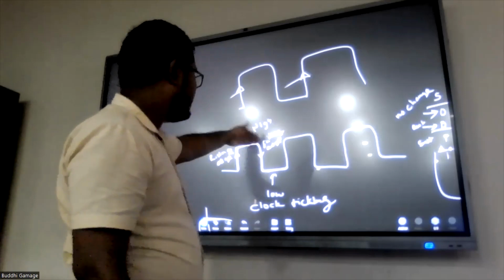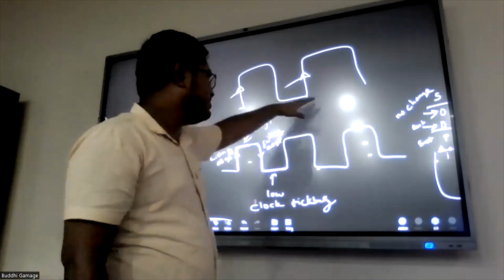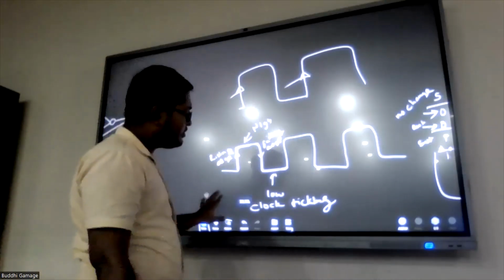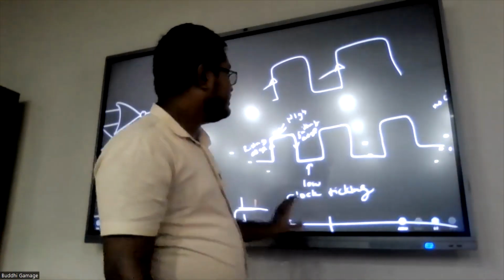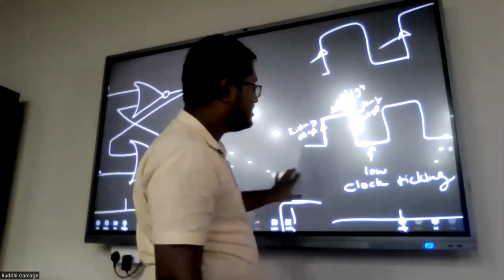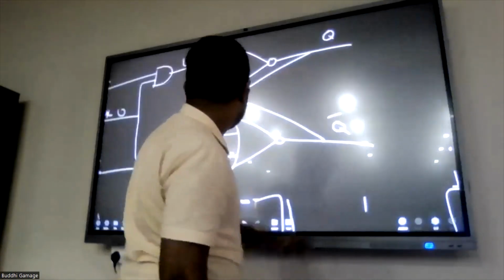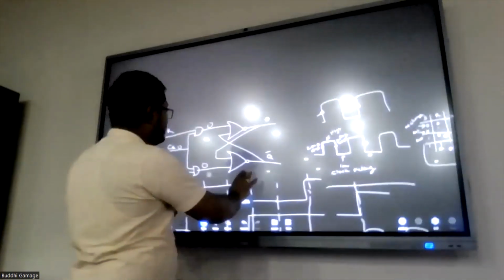So this is rising and this is falling, and this particular cycle is known as a clock tick, and only the clock tick can change the output. So this is the SR flip-flop.